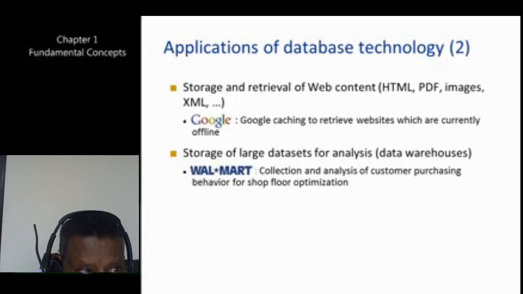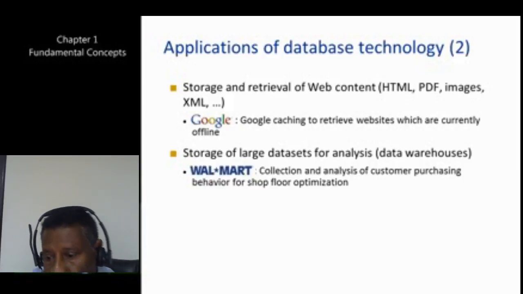In a supermarket setting, you can sometimes have really huge databases. Think about Walmart. Walmart is probably the biggest supermarket in the world. It's an American supermarket. And it's going to store information about all the products that it sells together with all the transactions themselves. Walmart recently decided to also invest into RFID technology, which stands for radio frequency identification.